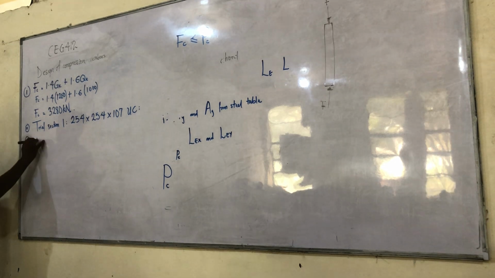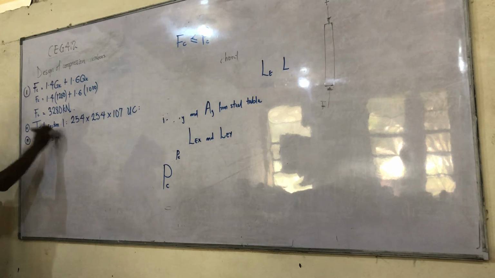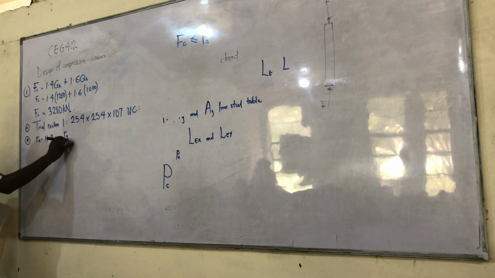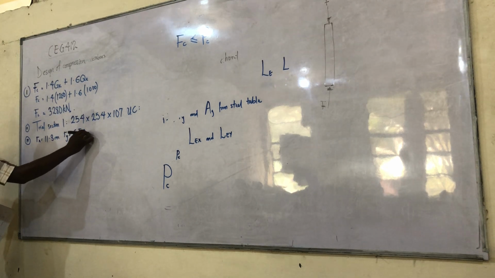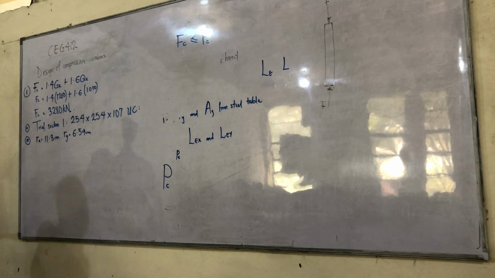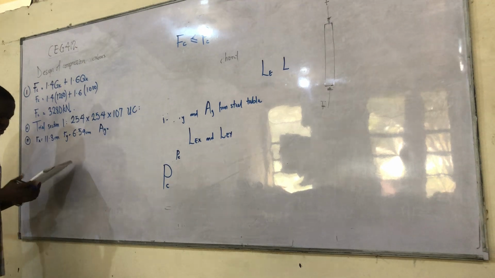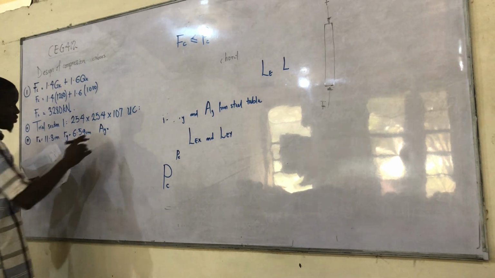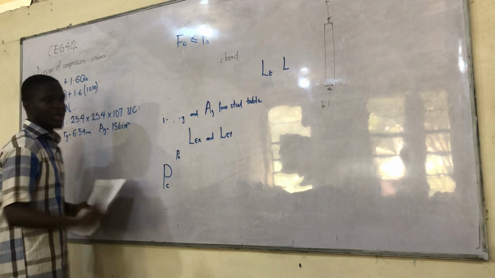So my Rx is what? 11.3 what? Centimeter. What's my Ry? 6.59 centimeter. And the last thing you want to check is what? Ag. So what's Ag? 136 centimeter squared. What's the next step?